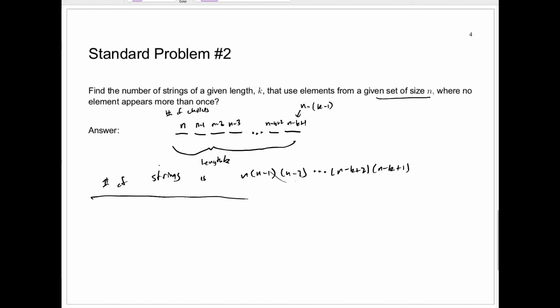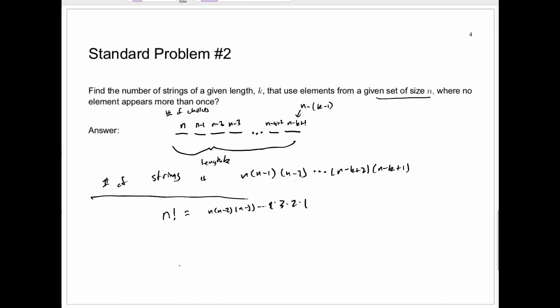Let me get rid of that. In order to write that nicely, let's remember that when I write n factorial, with an exclamation mark there, that means n times n minus 1 times n minus 2, and you keep going all the way to 3 times 2 times 1.